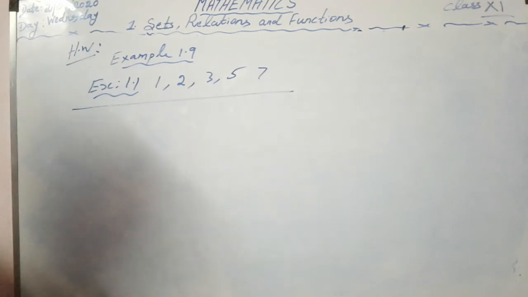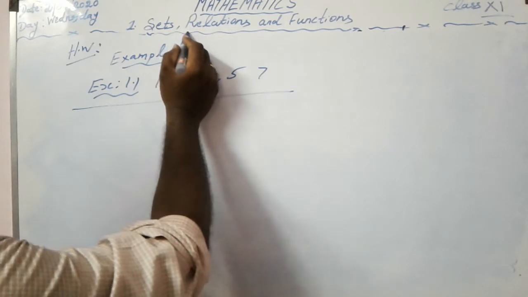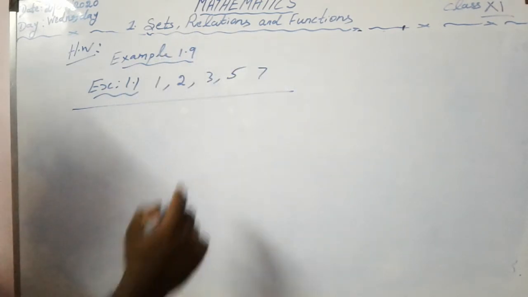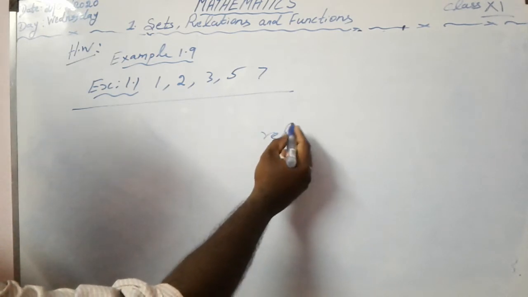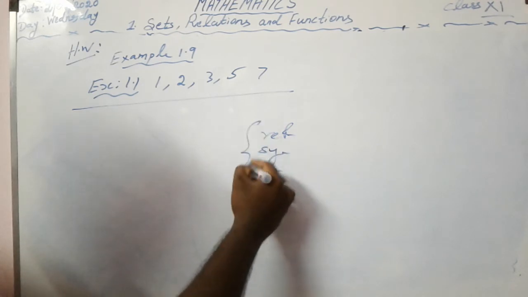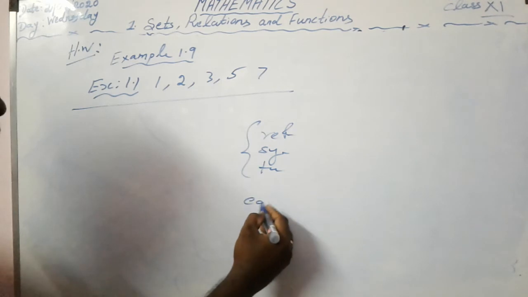Then today we saw the relation definitions: reflexive, symmetry, transitive. When all three conditions are satisfied, we can say it is an equivalence relation.